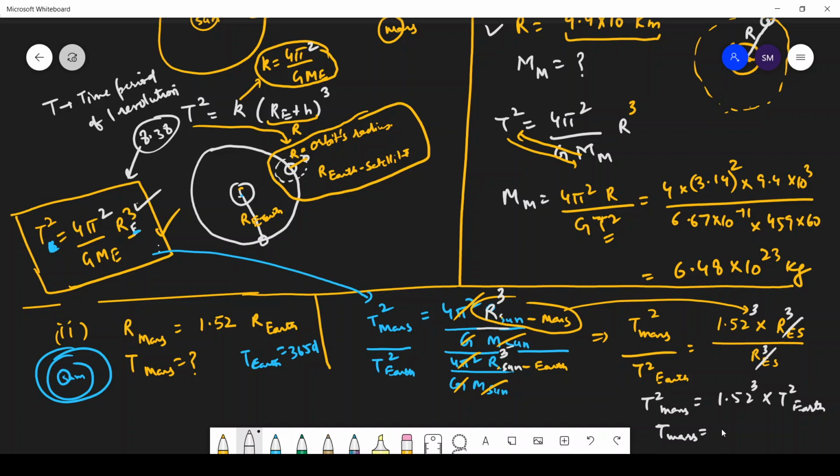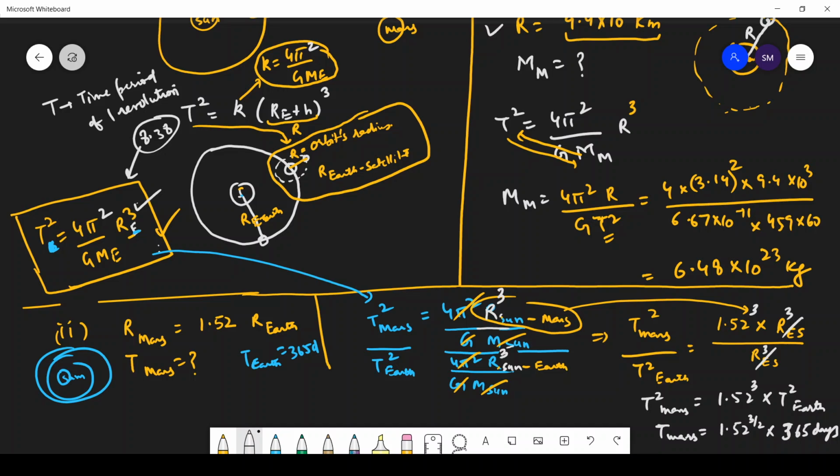Now this is under 1.52 into, so square root of this, that's 1 by 2, and so this root will remove. Okay students, square rooting both sides, so the square will be removed. And what is the time period of the revolution of the Earth? That is 365 days.